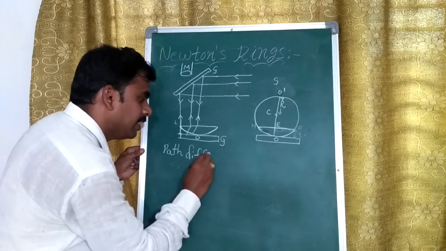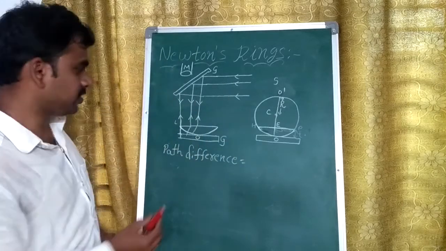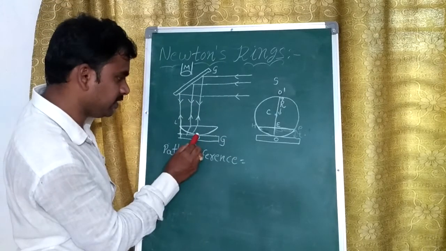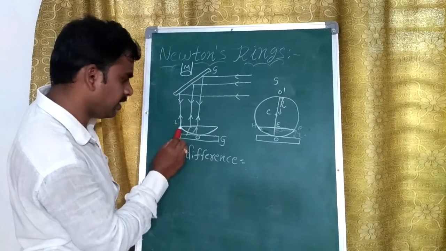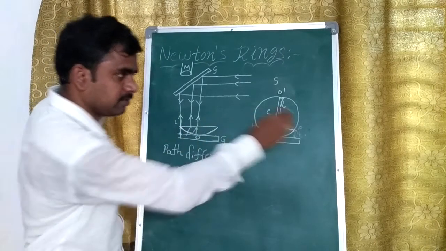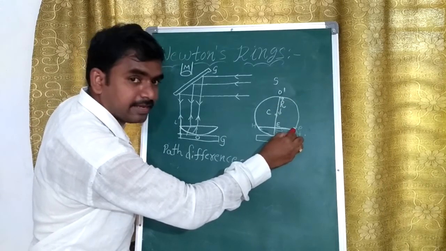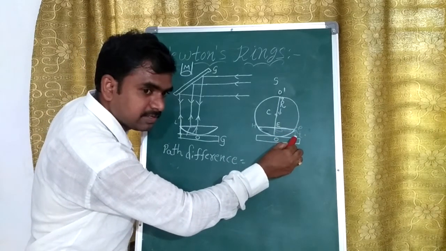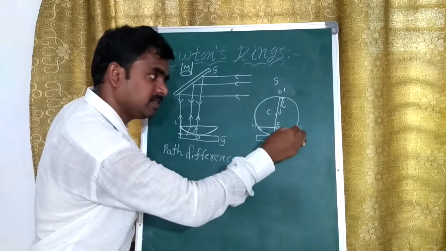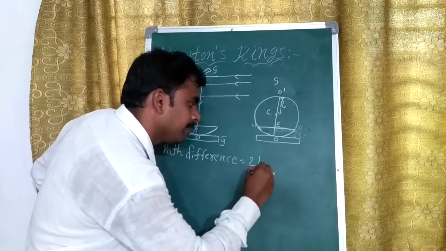According to the Stokes formula, the ray is incident here and reflecting, and another ray participating in the interference travels a distance t and reflection takes place, that means another t, so t plus t, that is 2t.